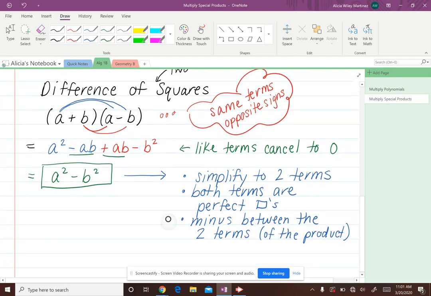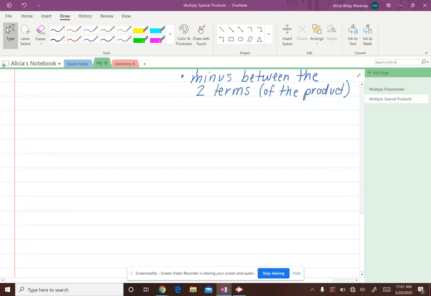Let's try an example of this. Let's make it really similar to the last one that we just did. I guess we can do 2x plus 1 times 2x minus 1.